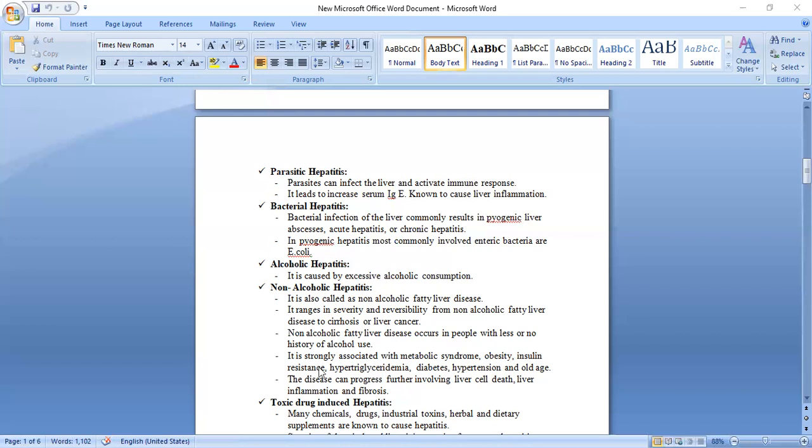Hepatitis will take place. It is strongly associated with metabolic syndrome, obesity, insulin resistance, hypertriglyceridemia, diabetes, hypertension, old age. Due to all these, there may be chances.